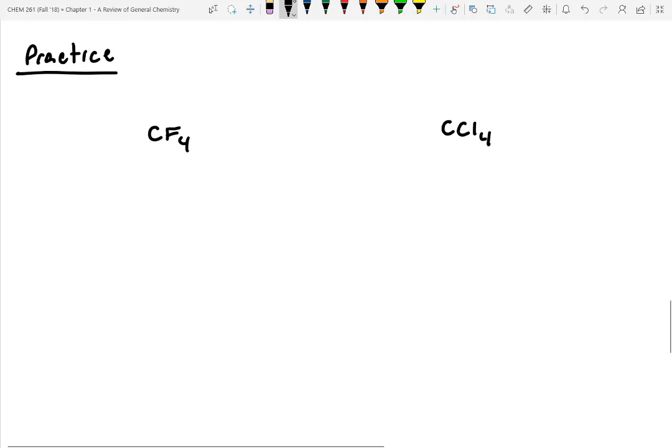This one is a little abstract. So carbon tetrachloride, if we think about it, is a tetrahedral molecule. Both of them are. So I'll go ahead and draw the overall three-dimensional shape. We know shape plays a large part in net dipoles.